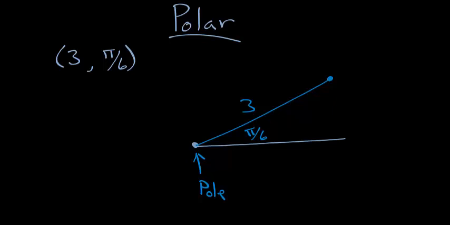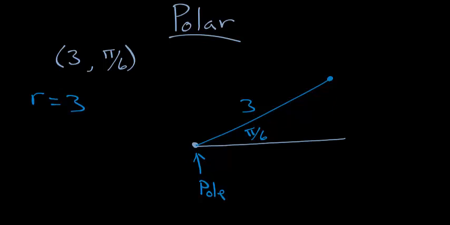So for example, you could talk about a circle of radius 3 being r equals 3. And it doesn't matter what the angle is. We're saying you always go 3 units from the pole. So what you get then is a circle, right? Do y'all remember that?